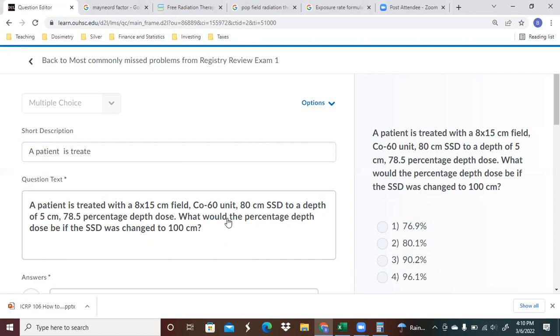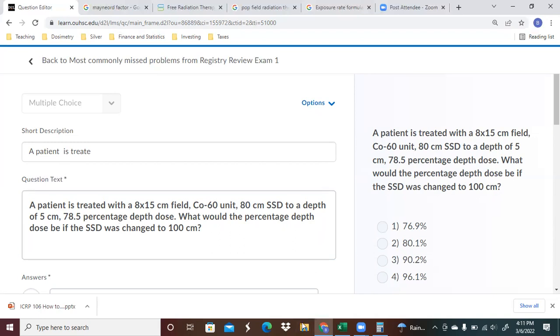The Maynard F factor is what's going to change the PDD for this particular setup when it's changing from 80 to 100, because you're going to keep all of the same field size, the same energy, and the same depth. So the Maynard F factor is what's applied to help with that.